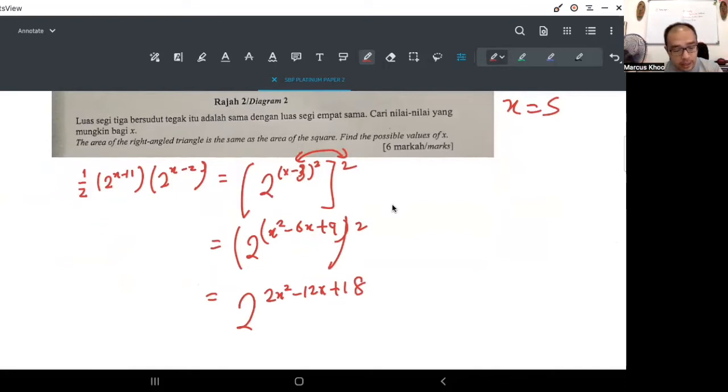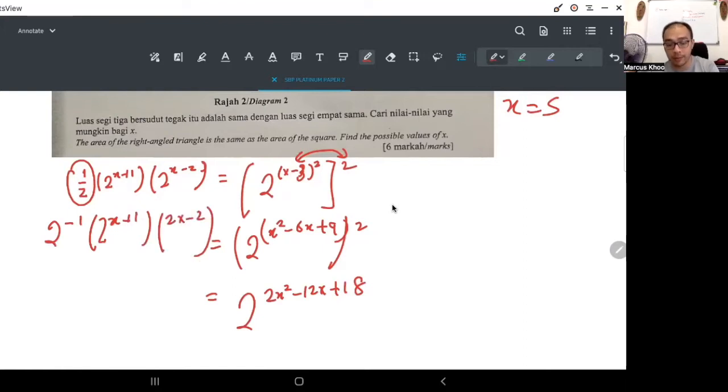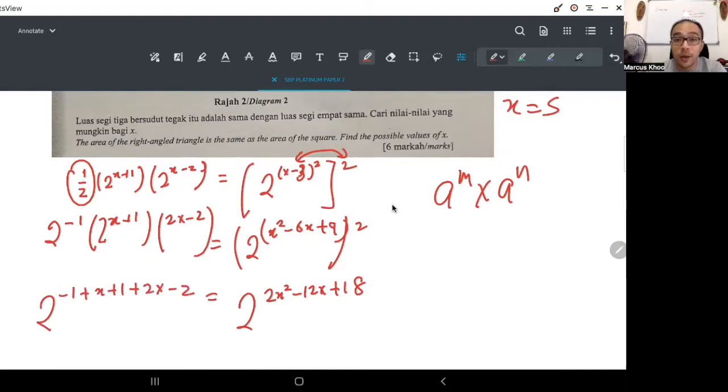Secondly, this one is actually 2 to the power of negative 1. So when you combine all together, bahkan semua darab. Remember, a to the power m times a to the power n equals a to the power m plus n. So it's 2 to the power negative 1 plus x plus 1 plus 2x minus 2.